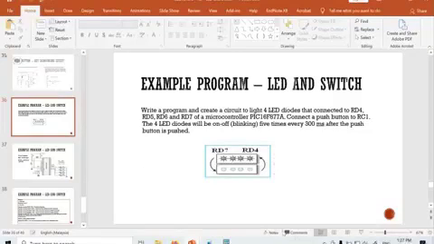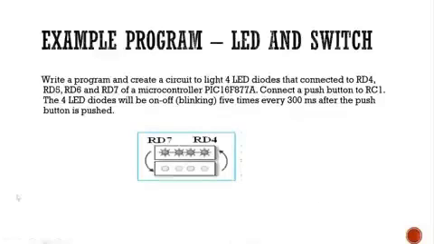Right now, slide 36. Example program. Write a program and create a circuit to light up 4 LEDs, 1, 2, 3, 4 LED diodes connected to RD4, RD5, RD6, RD7 of a PIC16F877A microcontroller.